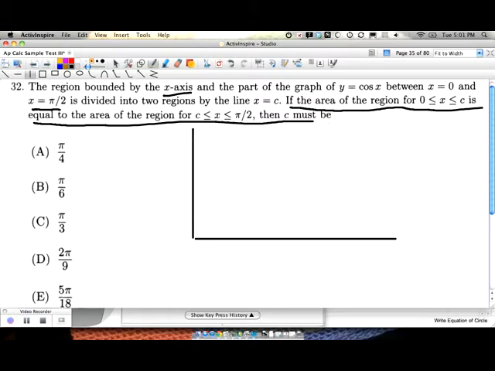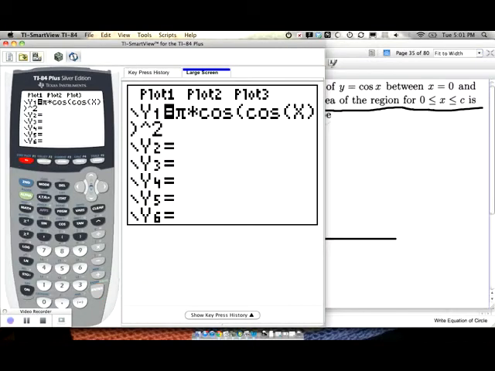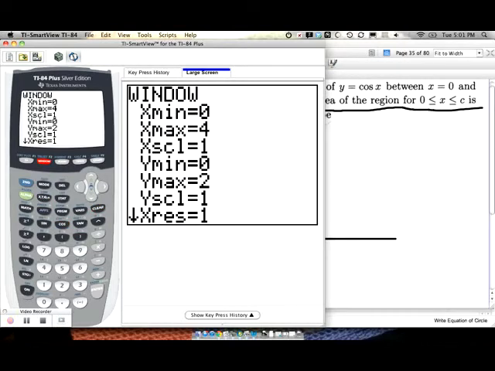What's so cool about this question is I have a graphing calculator. So I'm going to go back to my y equals. I'm going to change this function to simply cosine of x. I believe that our window is now from 0 to pi over 2. You can actually type this in and it will approximate it for you, 0 to pi over 2.